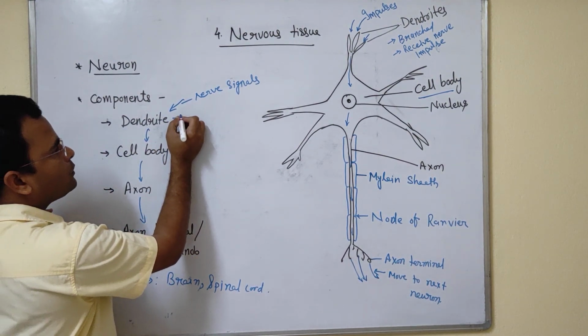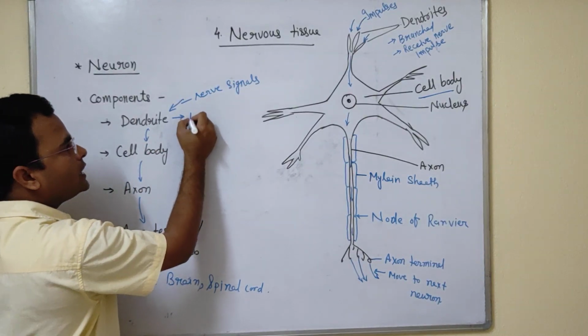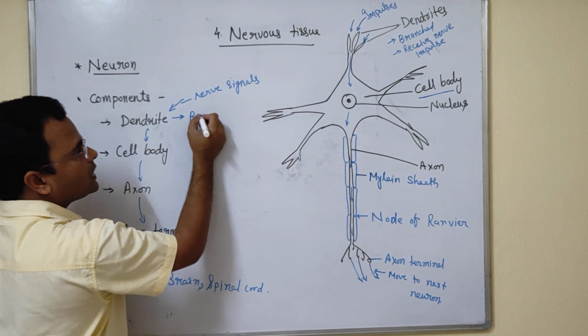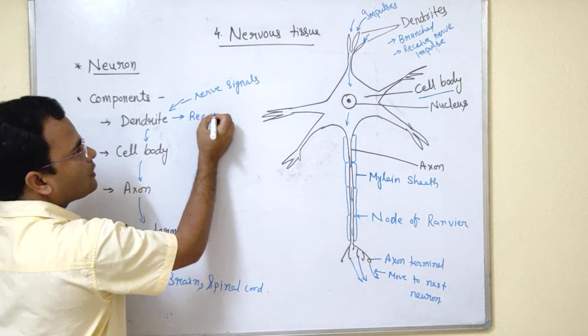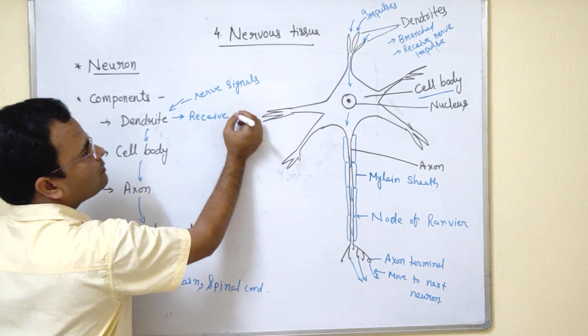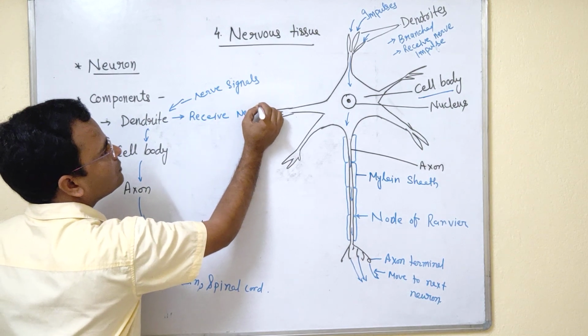So the function of dendrite is what? Receive nerve impulses. RECEIVE. Receive nerve signals.